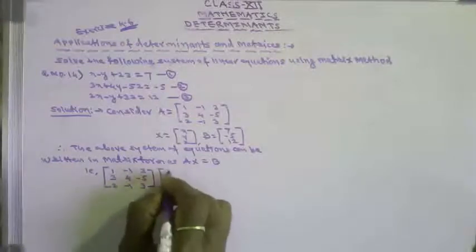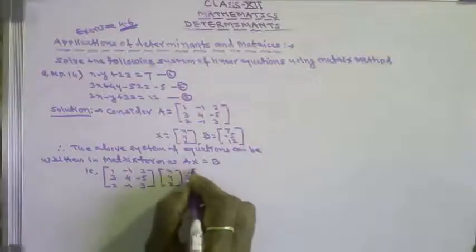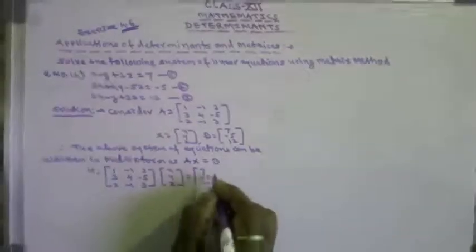X is capital X, which is X, Y, Z, and B is 7, minus 5 and 12.